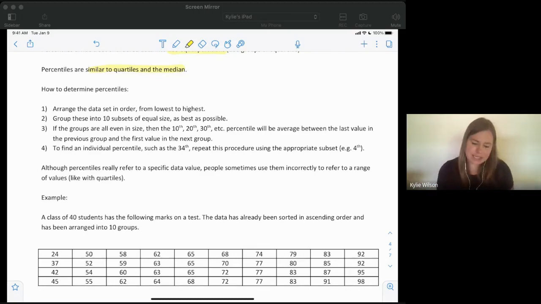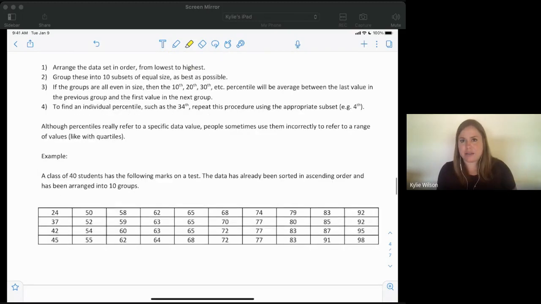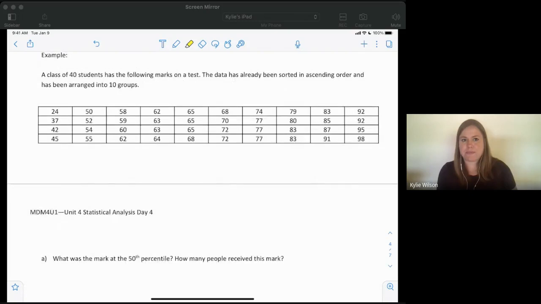And then to find an individual percentile, such as the 34th percentile, we're going to repeat the procedure using different subsets. Now, that's a little bit confusing, so I'm going to break it down how to actually work through these and make sure it's nice and clear. So we have a class of 40 students, and here are their marks on a test.